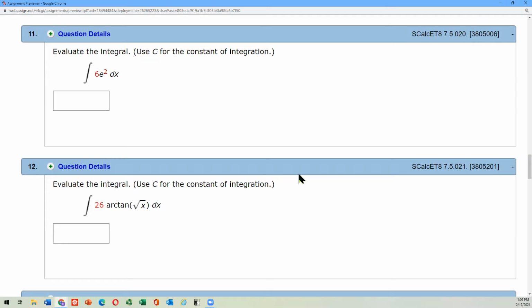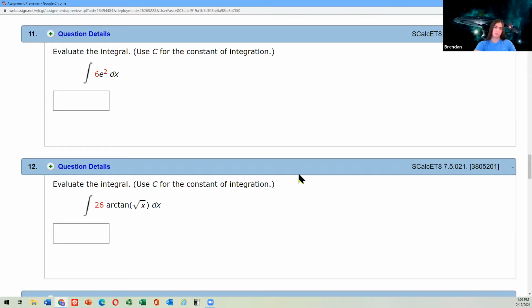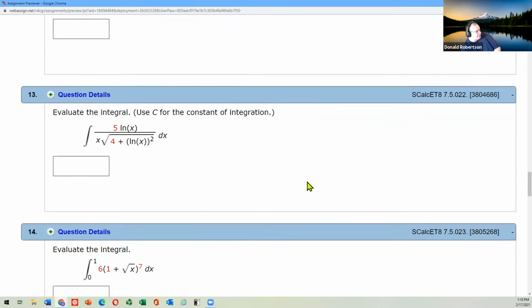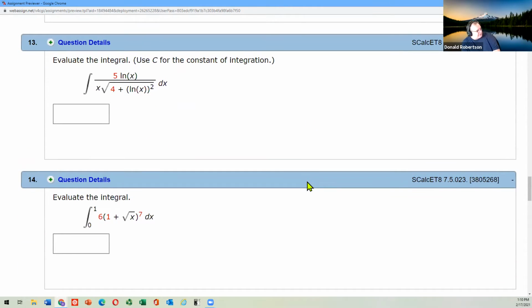Would it be 3e squared? No. I can understand why you would think that, but no. Would it be like 6e squared x? Yes. That's what makes it a trick question. Isn't that just a weird number? And when you integrate weird numbers, isn't the answer weird number x? So it's not an integration by parts or some kind of weird derivative or whatever. It is what it is.